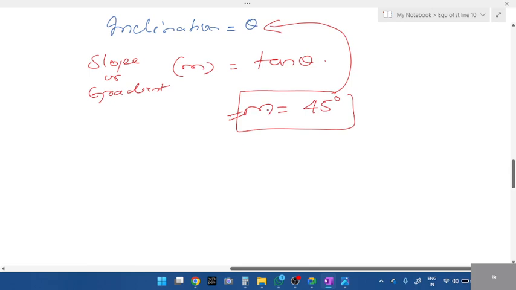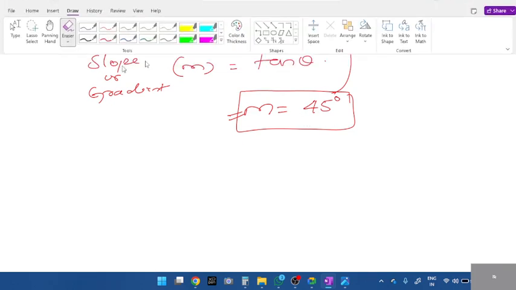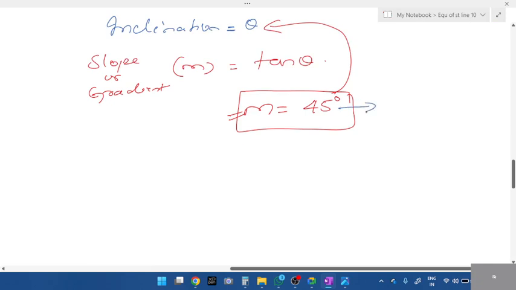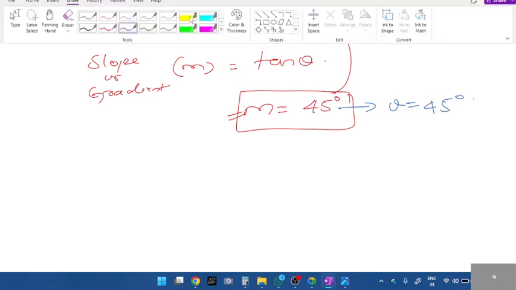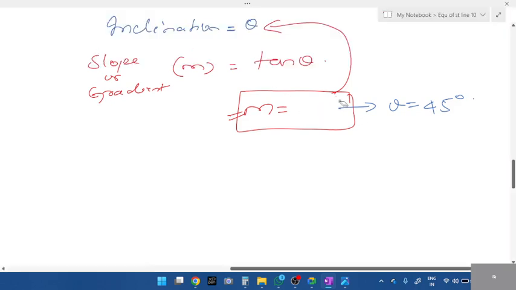Inclination is theta, and from m equals tan 45 degrees, what is the theta value? All of you respond. What is the theta angle given? Theta is equal to 45 degrees. Or m is equal to 1.